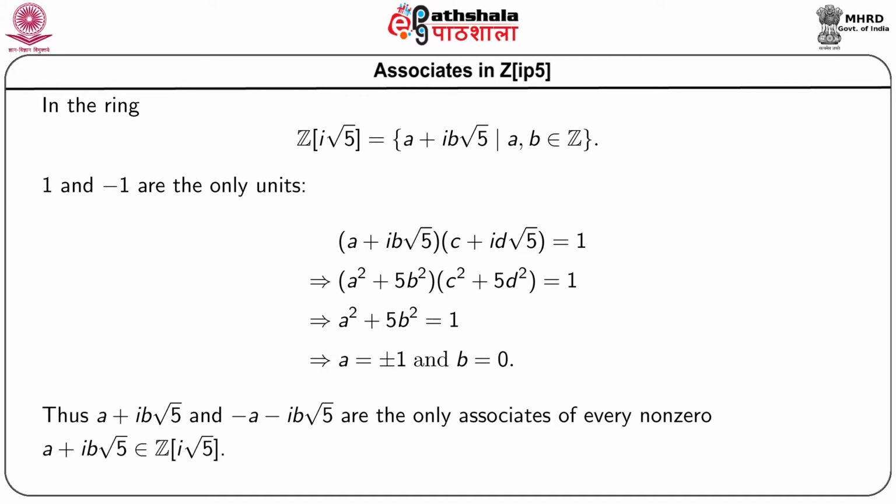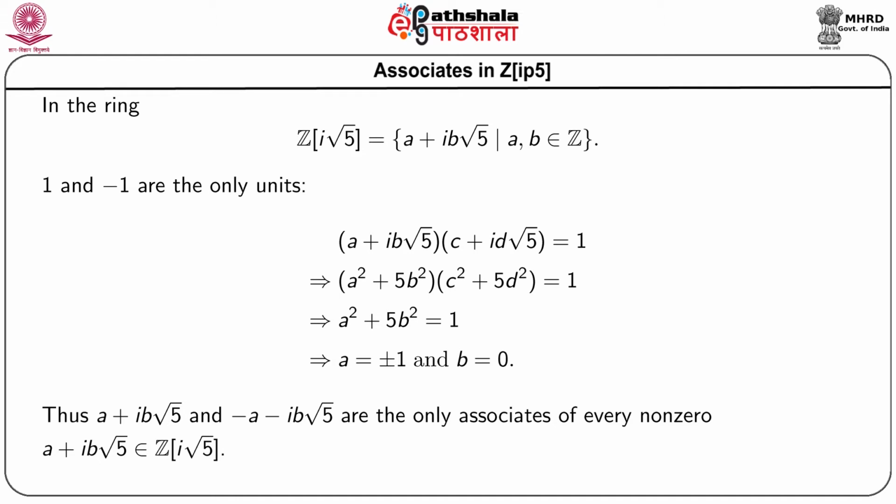From which we also have (a minus i b root 5) times (c minus i d root 5) is also 1. Taking their product, we get (a squared plus 5b squared) times (c squared plus 5d squared) to be 1, which again implies that a squared plus 5b squared must be 1, and it has only two possible solutions.